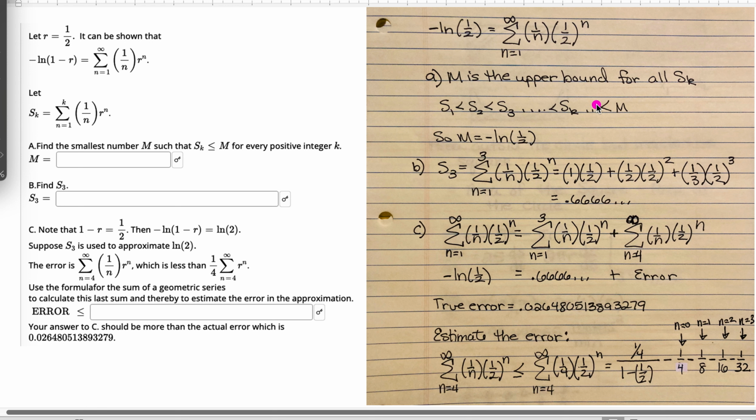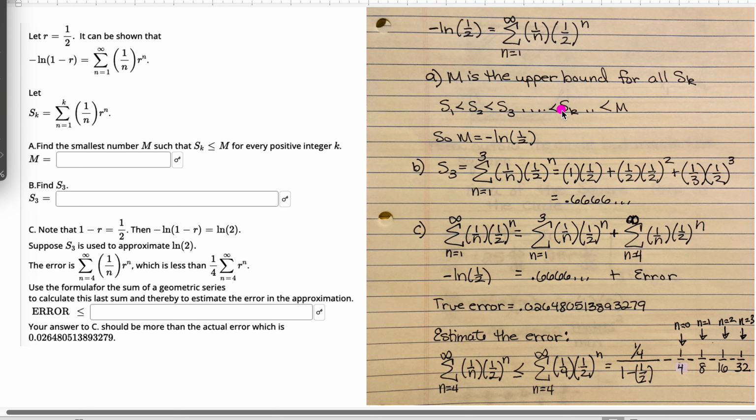Now, if we take a minute to think about this, the series is going to converge to negative natural log of 1/2. And the partial sums converge to negative natural log of 1/2.